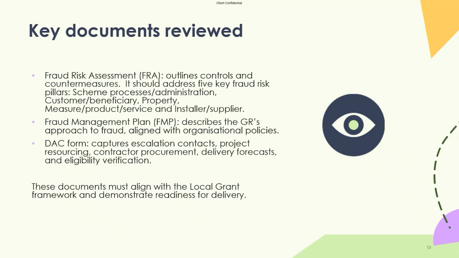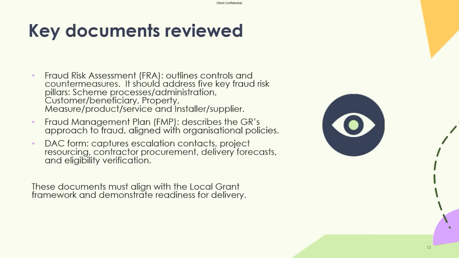The other document, which is quite detailed, is a fraud management plan. The document draft or the format that is provided by the department typically goes through many rounds of updates as the department moves from one scheme to the other.